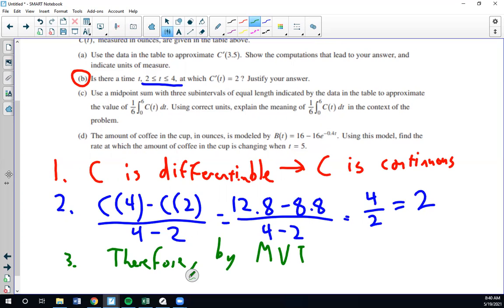So you need to say mean value theorem. You can abbreviate it as MVT. There must be a time t from 0 to 4 at which c prime of t equals 2. You would write that sentence.